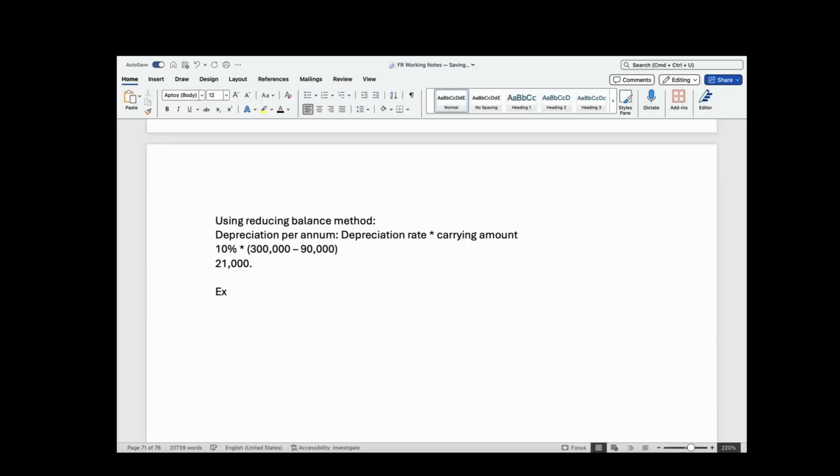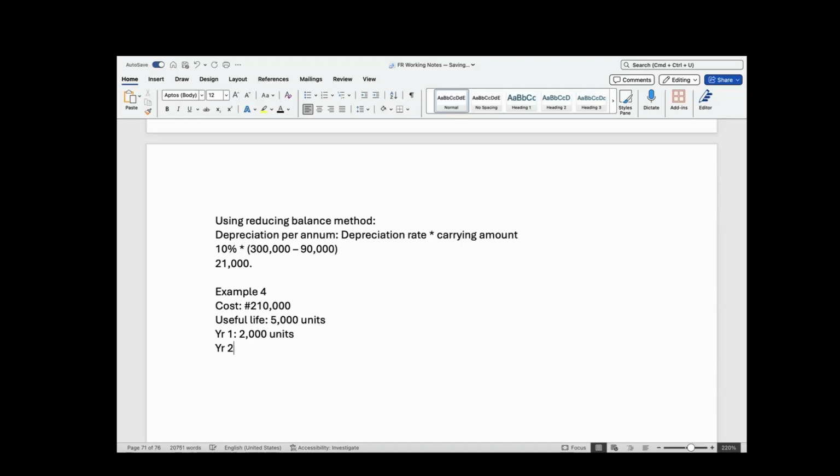And a final example is if you have the cost of an asset as 210,000 and you are given the useful life as 5,000 units. We're told that in year one, this asset can do 2,000 units.